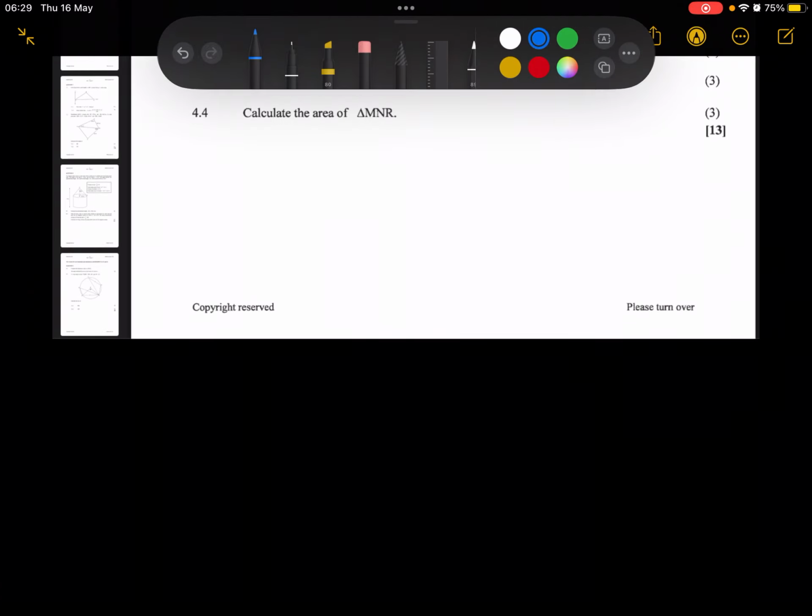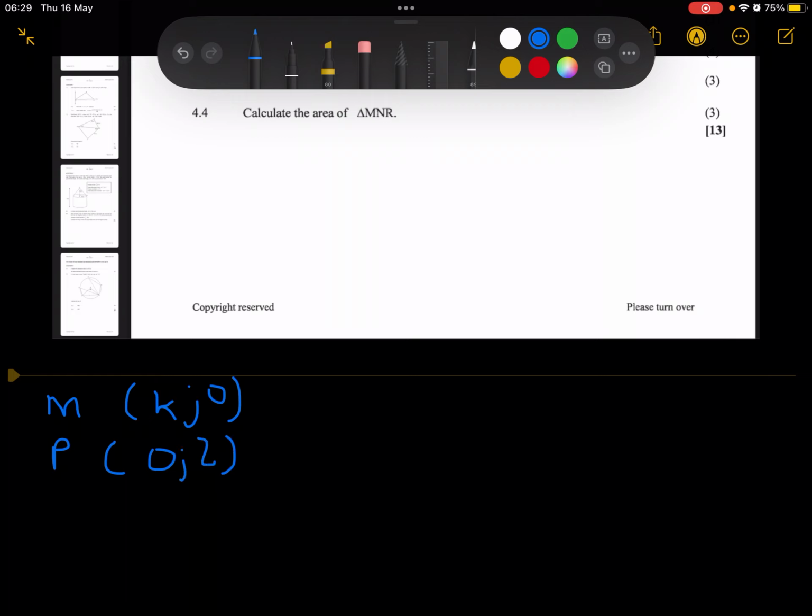Now, M is this point, (k; 0), P is this point, (0; 2), and N is the point (3; 0), and all of them are collinear.